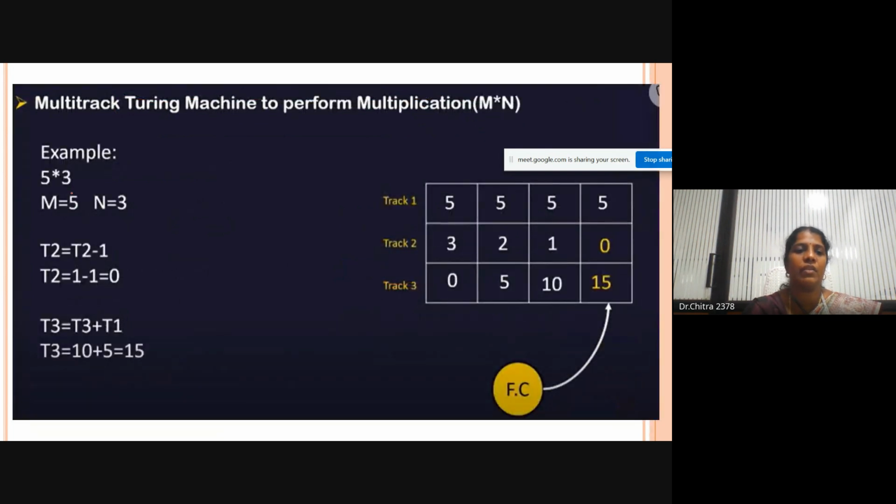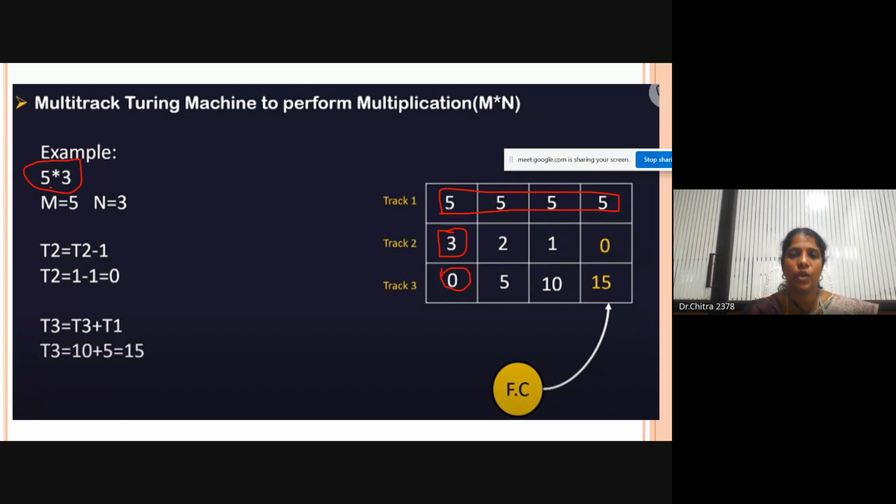For example, you want to multiply 5 into 3. Here m is equal to 5 and n equal to 3. 5 is the constant. You are going to add 5 each and every time, and that is placed in the first track. In the second track, first write 3, and initially the answer is 0 only.